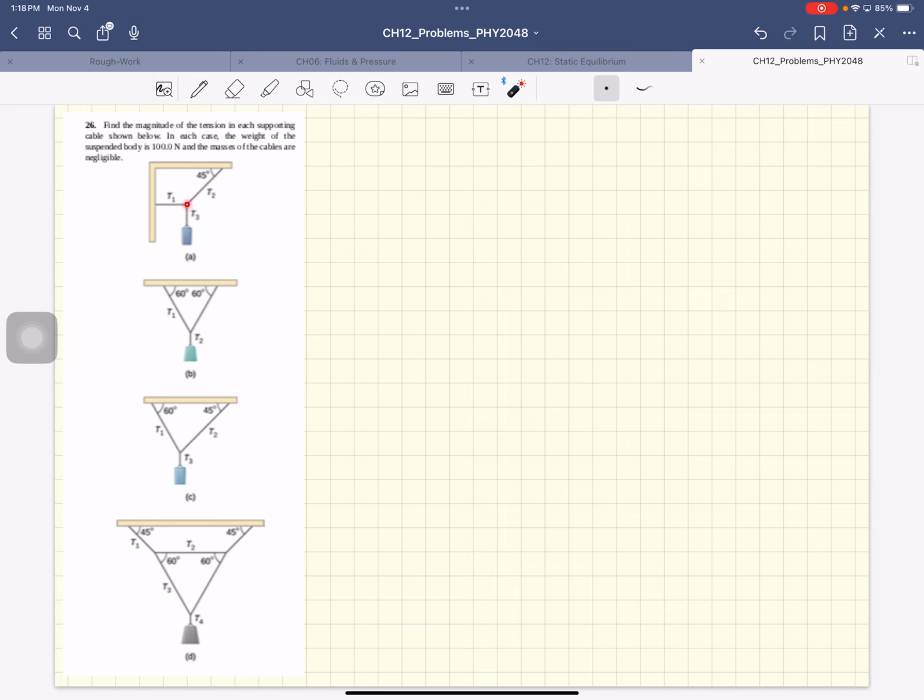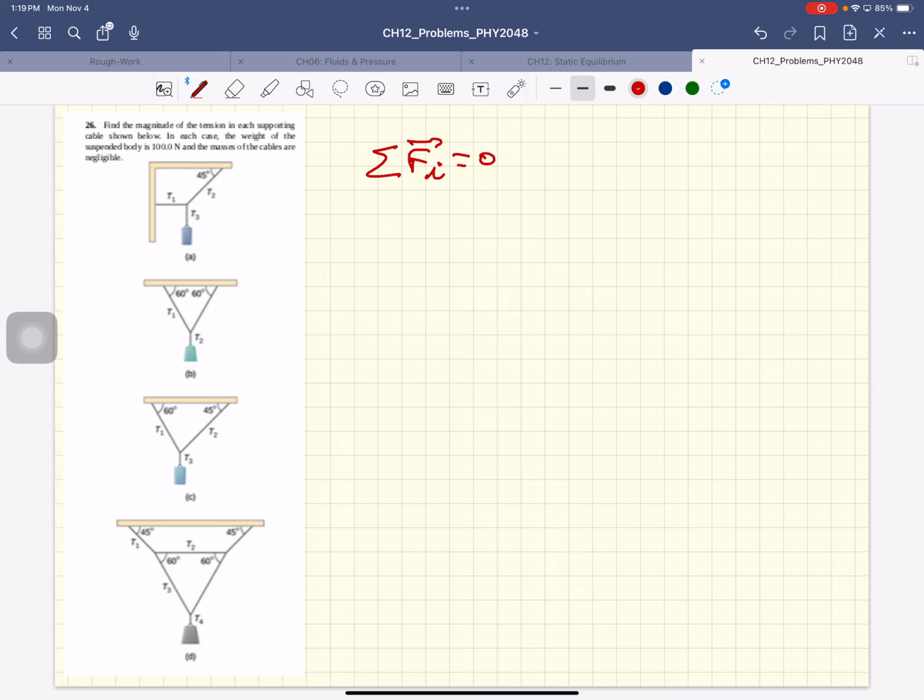So let's look at this knot. If you don't want this dropping, this should be at rest. If that's at rest, that's a point object. So for that to be at rest, you just have to make sure that this is true. And you don't need a torque equation.